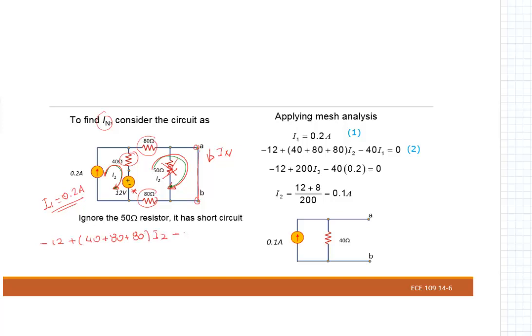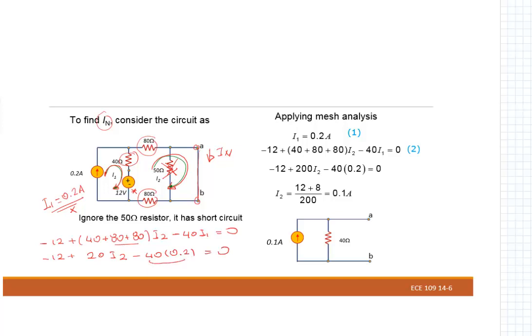Then we can say negative 40 I1 equals 0. And we know the I1 value here. That's why we can have negative 12 plus 200 I2, negative 40 times 0.2 equals 0.